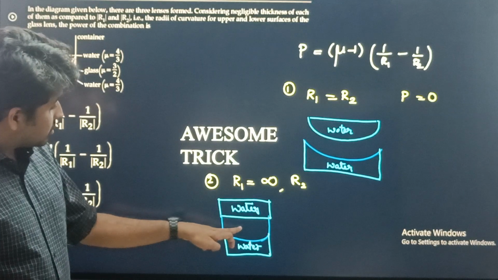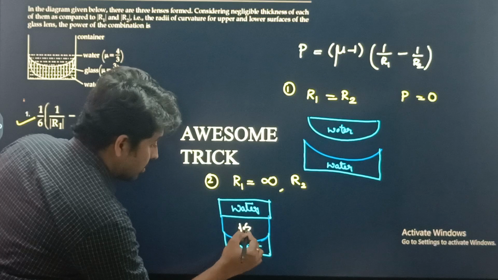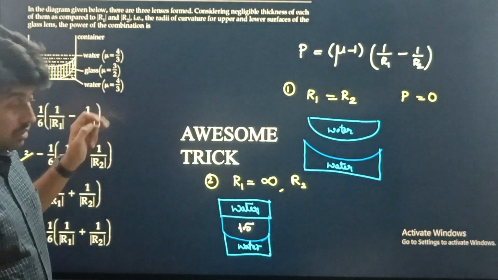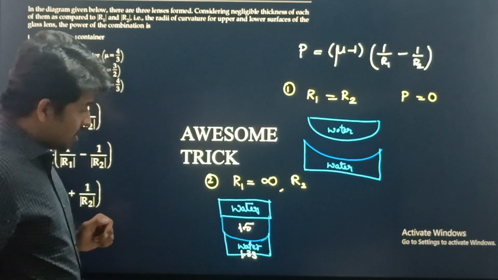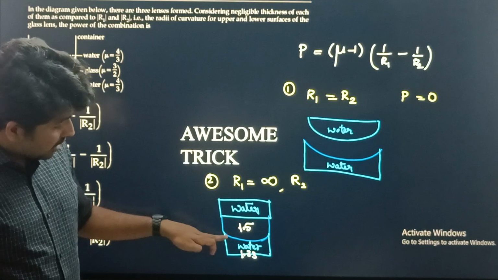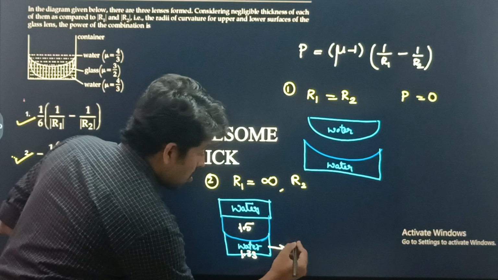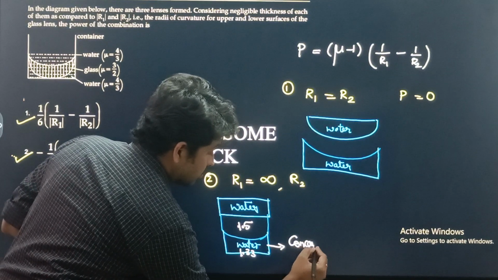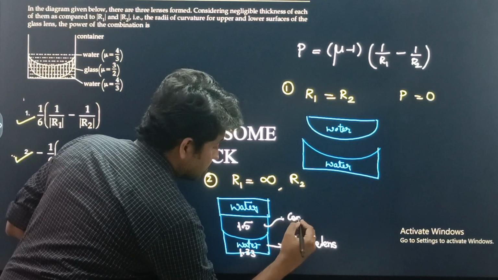The refractive index of this lens is 3 by 2, which is 1.5, and the refractive index of water is 1.33. Now both the water and this lens have the same radius of curvature. The water is a concave lens, whereas this is a convex lens.